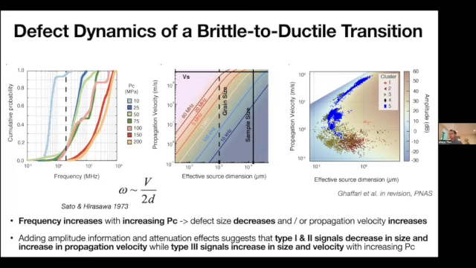Whereas the defects of type 1 and type 2, which occur preferably at the lower pressures, seem to have a slower propagation velocity and in general decrease in size. So the type 1 and 2 signals decrease in size and increase in propagation velocity as the pressure increases, whereas the type 3 signals must be increasing in size and velocity as the confining pressure increases.